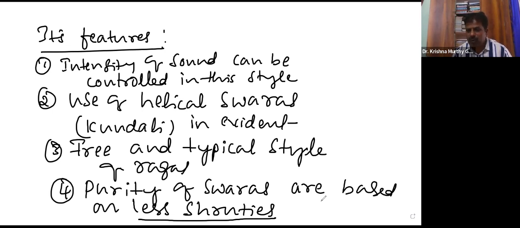It means components of the musical system. These are the common characteristics of Carnatic music in those days, based on several important concepts.